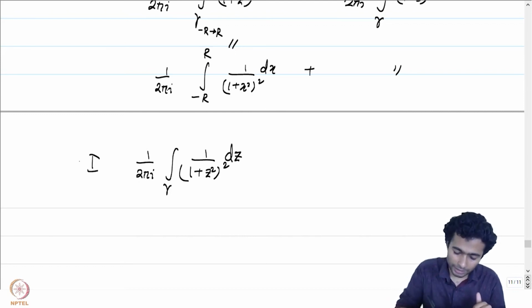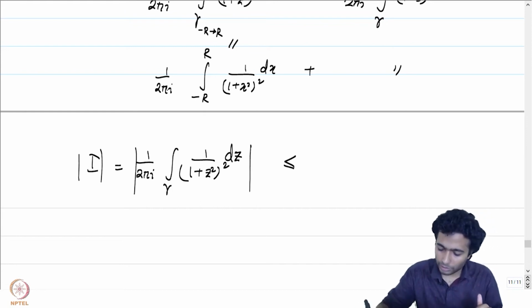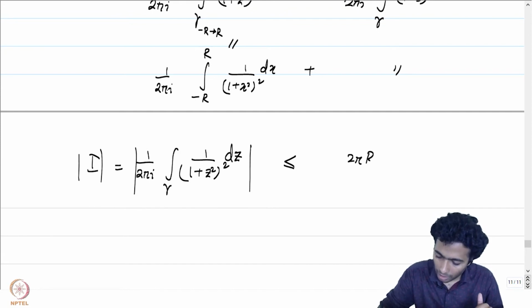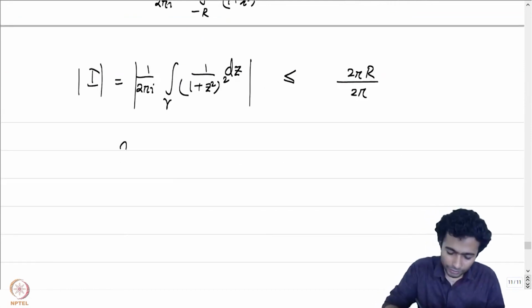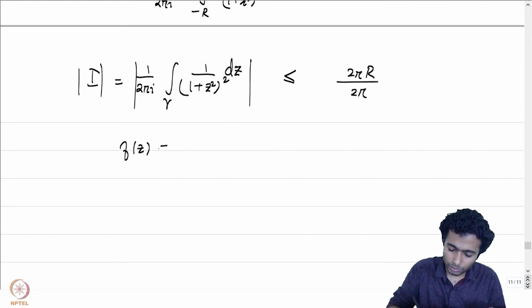Suppose this is I, then the absolute value of I is going to be less than or equal to 2 pi r by 2 pi times the bound on f of z, which is 1 by (1 plus z square) the whole square.